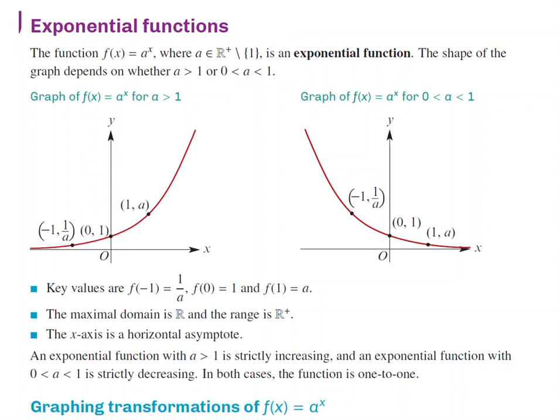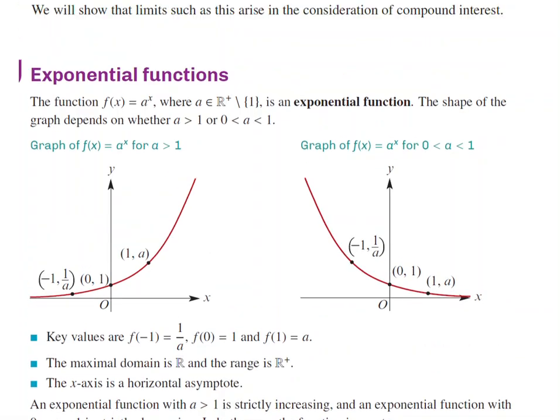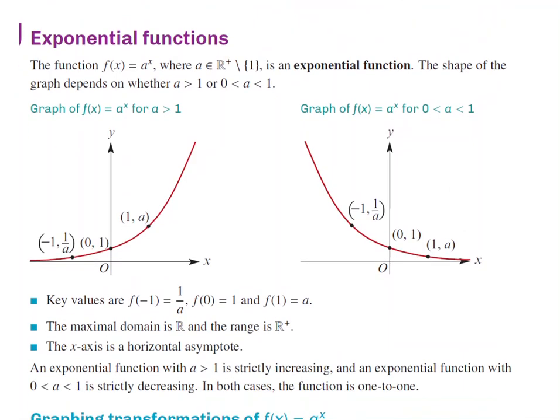And the alternative is when a is between 0 and 1. So when a is between 0 and 1, think about what you have. Let's say that a was a half. Then we would have a half to the power of x.